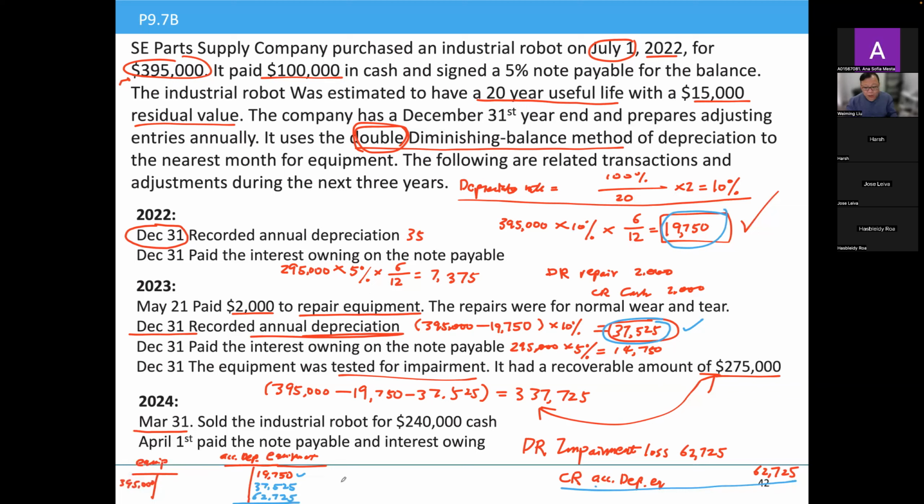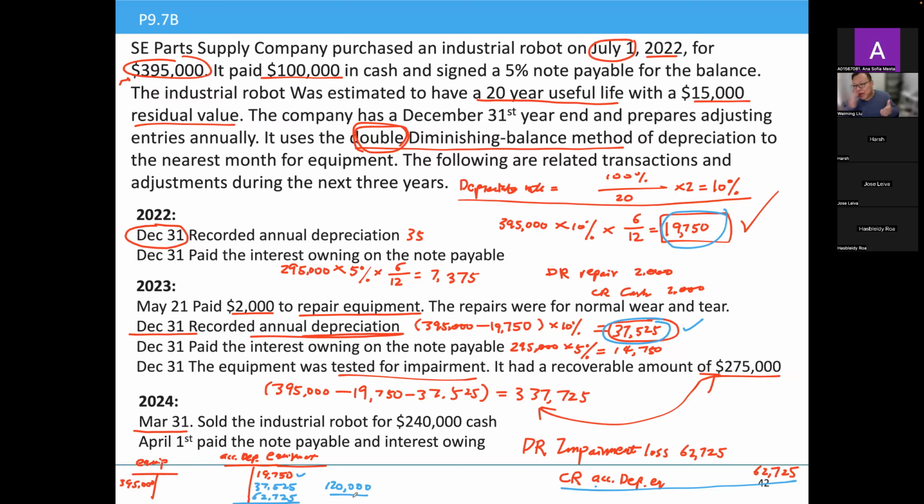So I have 120,000. Is that correct? Yeah, I got the same. Good. So this is the balance, right? My equipment balance is 395,000. My cumulative depreciation equipment balance is 120,000.